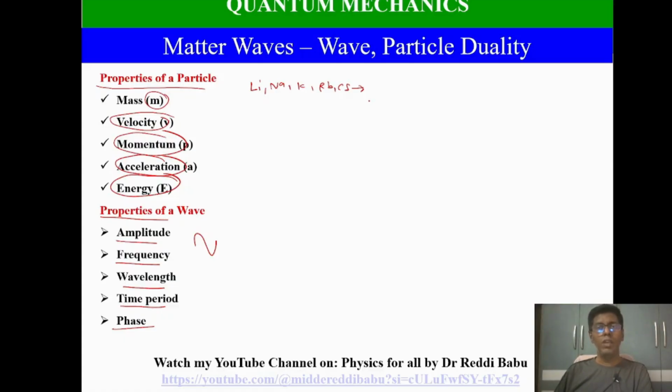This interaction gives emission of electrons from the respective atom. Because of the emission of electrons, these electrons will move in a particular direction, which can cause photocurrent. This phenomenon is known as the photoelectric effect.